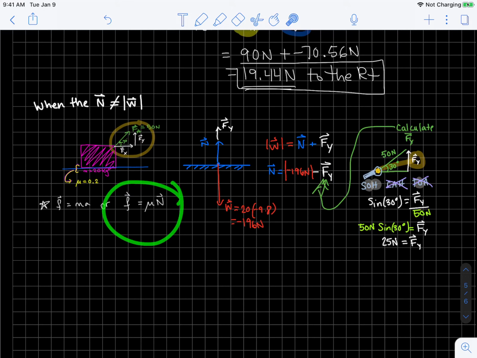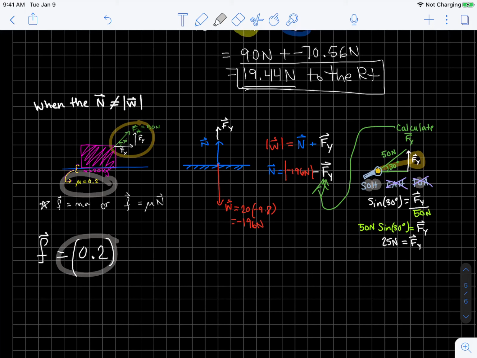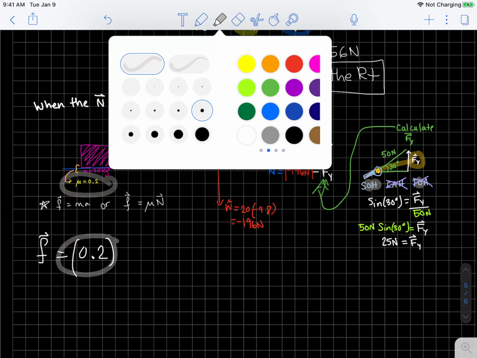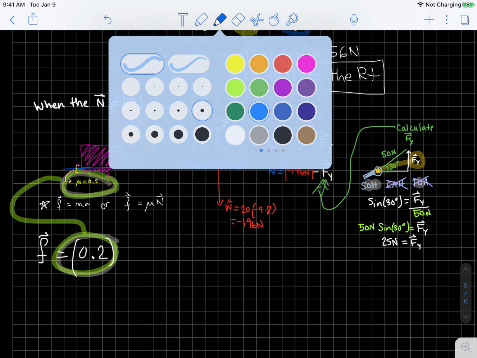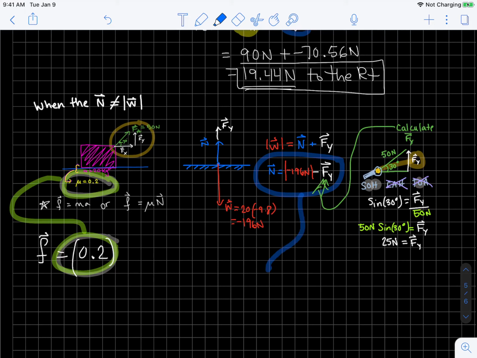Our goal is to find friction. And if we go back to friction over here on the left, we have friction is equal to, we know 0.2 is our mu, because that was given to us. And now we need to calculate the normal force. Now that we have the Fy, we're going to take that equation and go ahead and calculate the normal force.